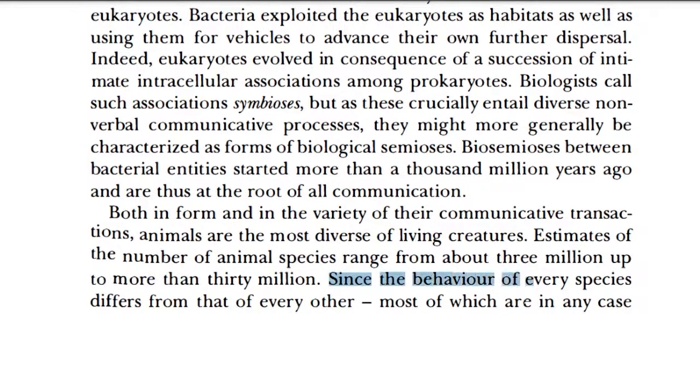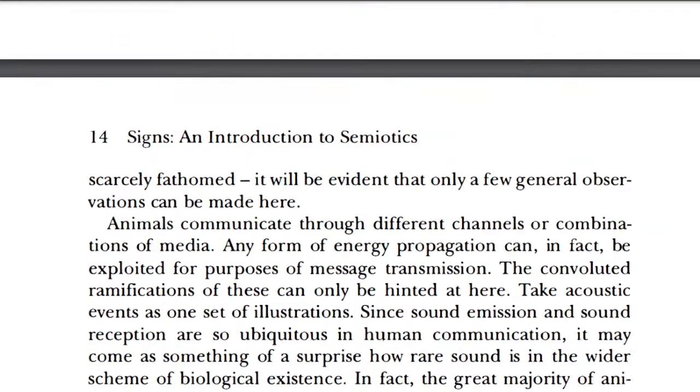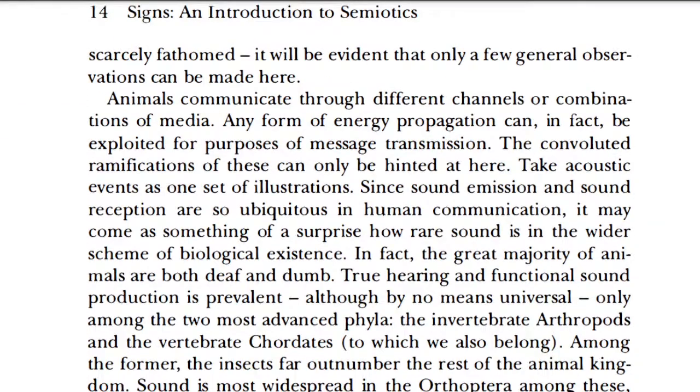Since the behavior of every species differs from that of every other, most of which are in any case scarcely fathomed, it will be evident that only a few general observations can be made here. Animals communicate through different channels or combinations of media. Any form of energy propagation can, in fact, be exploited for purposes of message transmission. Yeah, 1,000 million years ago.